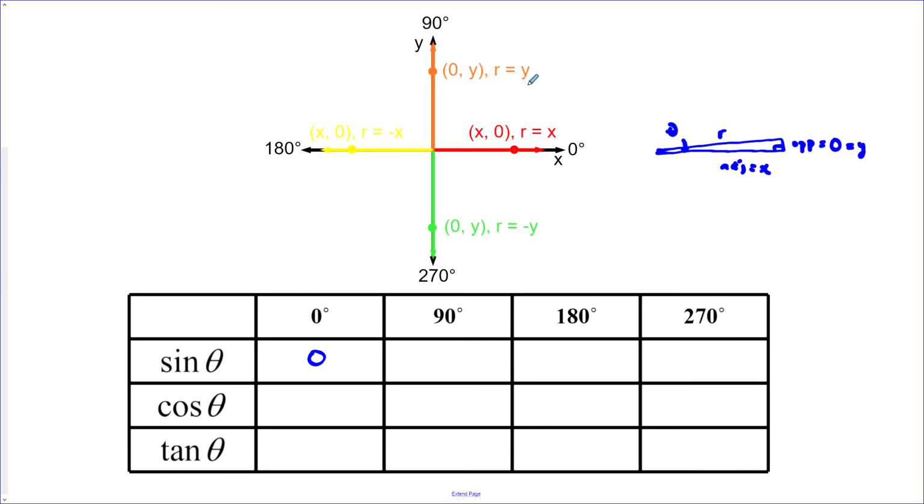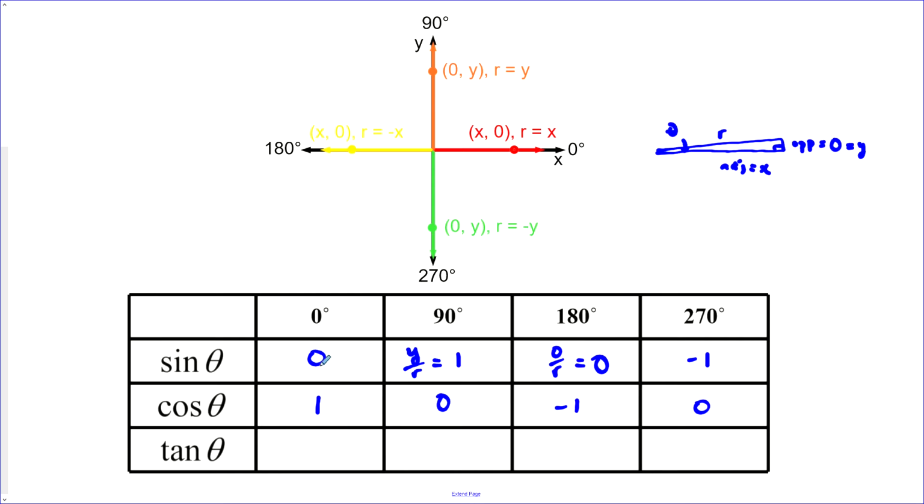But these two are equal, and so it's y over r, and they're the same, so they just equal 1. 180 degrees, well, this one's over here, same thing is happening. 0 over r is just 0. 270 degrees, it's just negative this time. R is the same, but it's negative, so negative 1. With cos, same things happen this time. This one's 1, this is 0, this is negative 1, and this is 0.